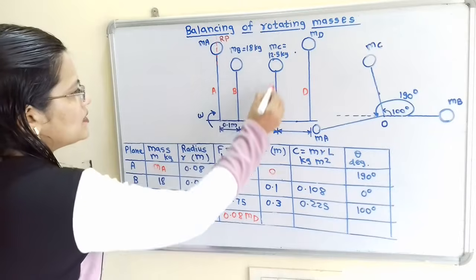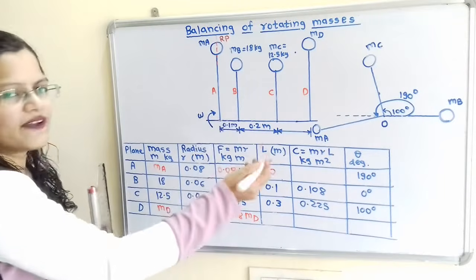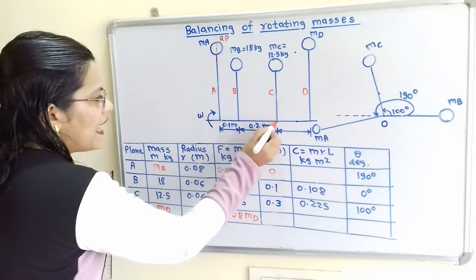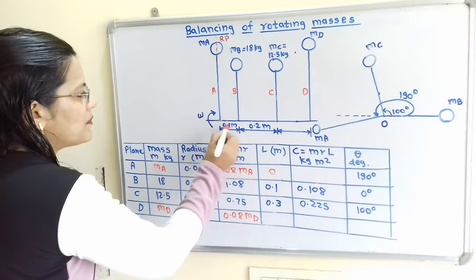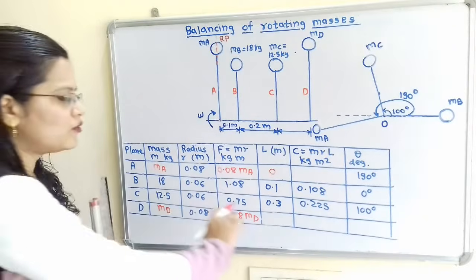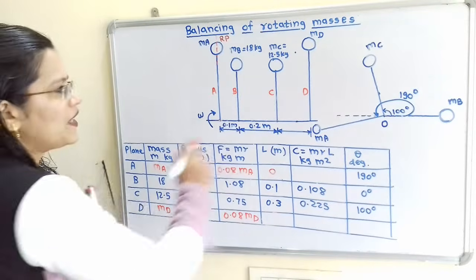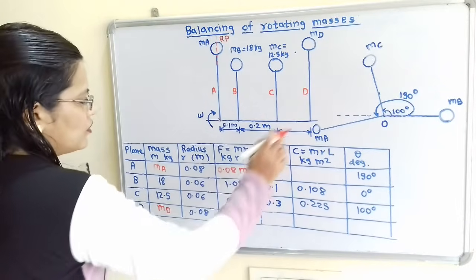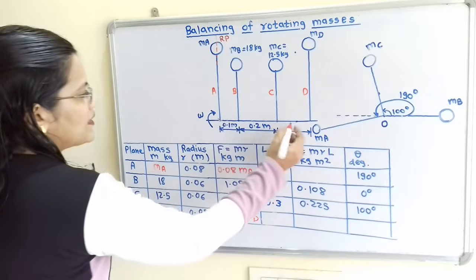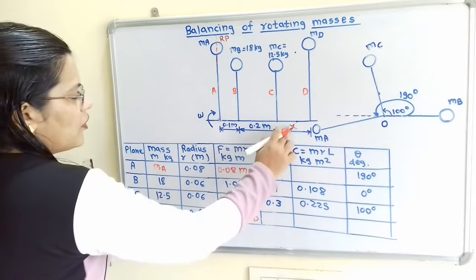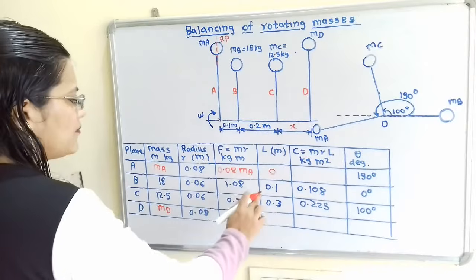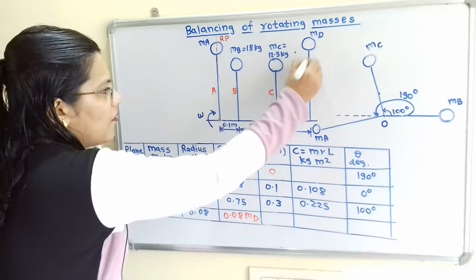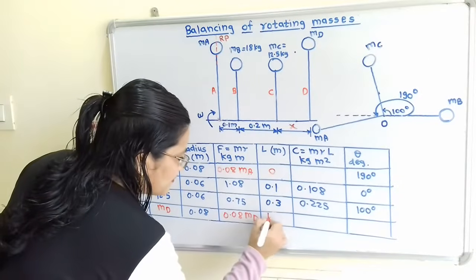Then distance of this plane C from A. So in question, distance in between B and C is given, but we have to calculate the distance from the reference plane, that is 0.1 plus 0.2, that is 0.3 meter. And the distance of this plane D from A, so that is unknown. So we can also write 0.3 plus x, or we can take here the unknown term, that is we will take LD, that is distance L of this plane D, that is LD.